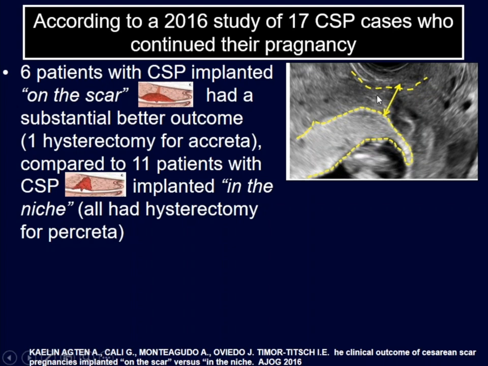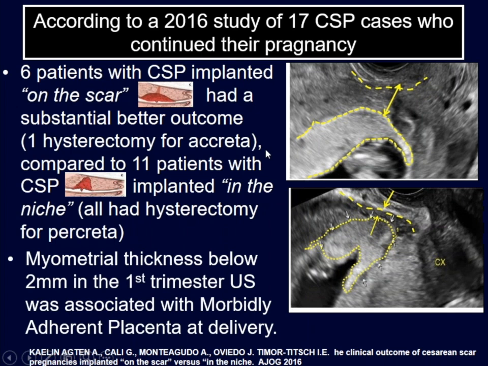They had only 1 hysterectomy compared to 11 patients with cesarean scar pregnancy implanted in the niche. Millimeters in the first trimester ultrasound was associated with morbidly adherent placenta at delivery.